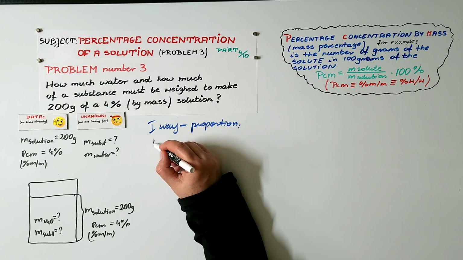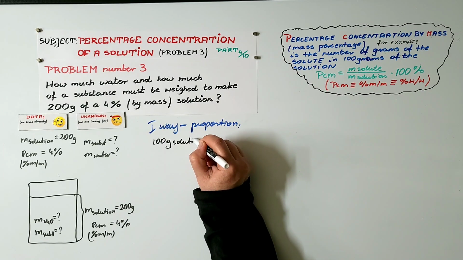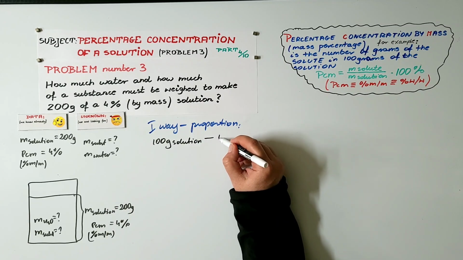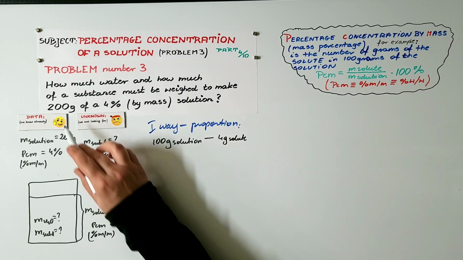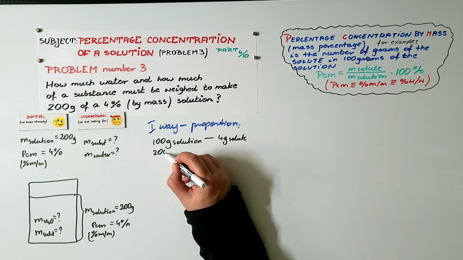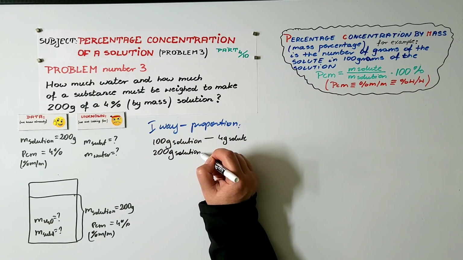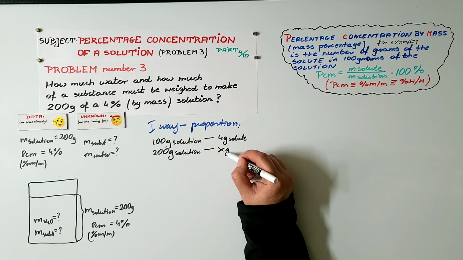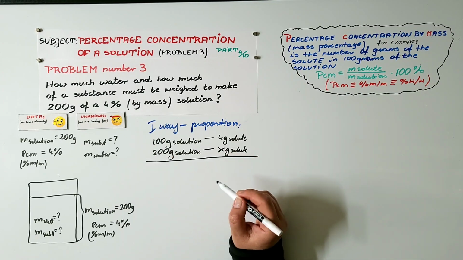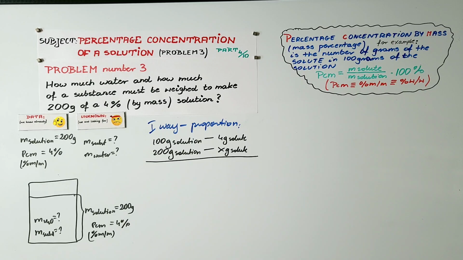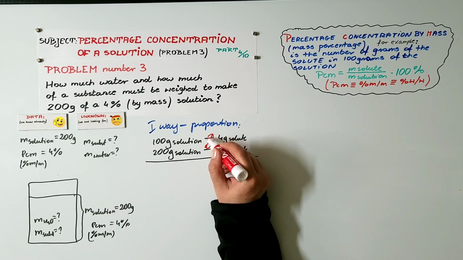So in 100 grams of solution, there are 4 grams of solute. In 200 grams of solution, there are X grams of solute. We calculate X by cross multiplying this proportion.